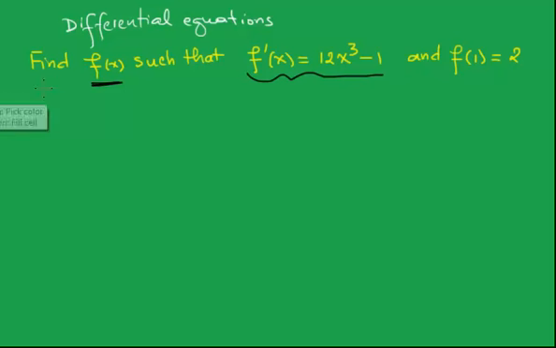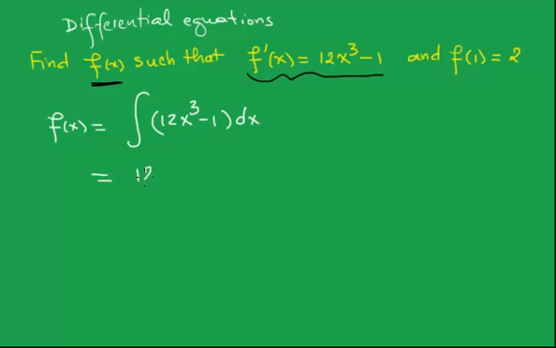So f of x is equal to the antiderivative of its derivative. So the antiderivative of 12x cubed minus 1. We find the antiderivative of this function.